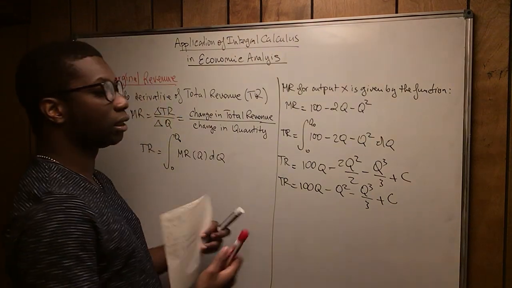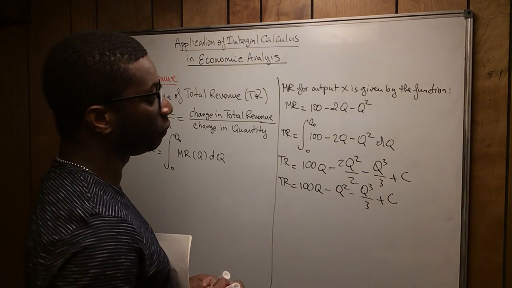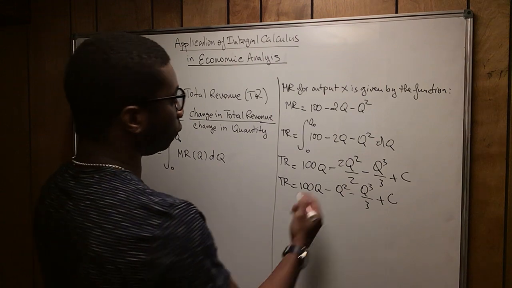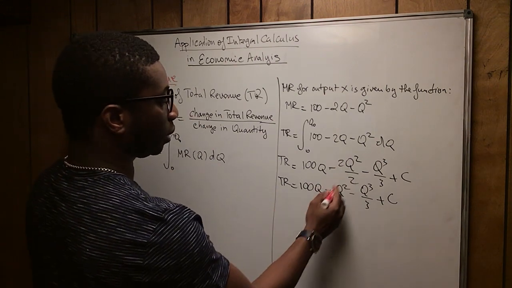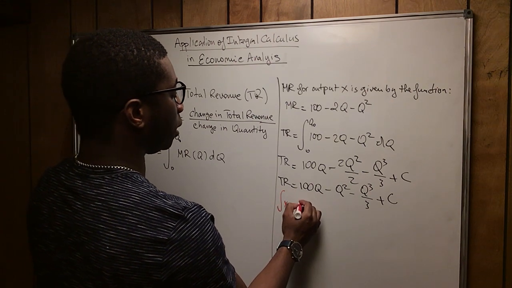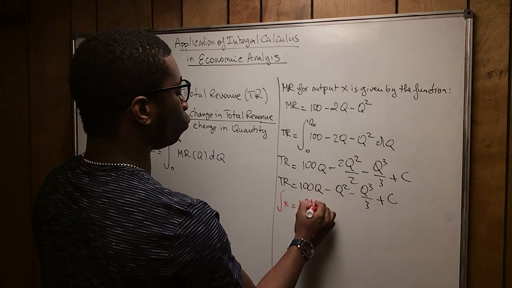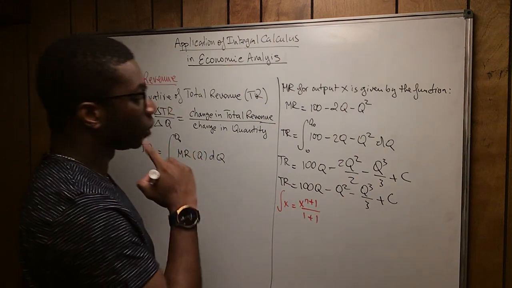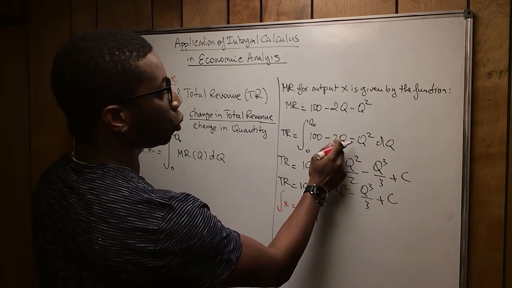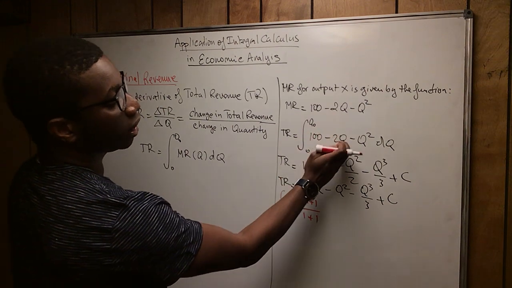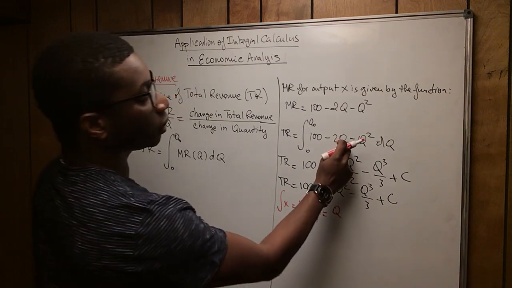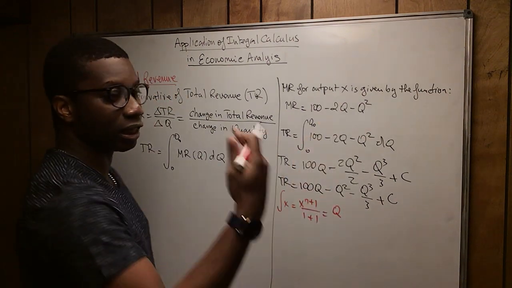All right, a brief revision for those who may have forgotten. As I said, integral is simply the antiderivative of the derivative. So you know that the integral of x^n is x^(n+1) over n plus 1. If we take the Q, let's ignore the 2, if you see nothing, it means that it's power 1.